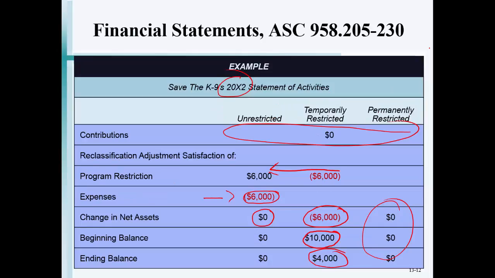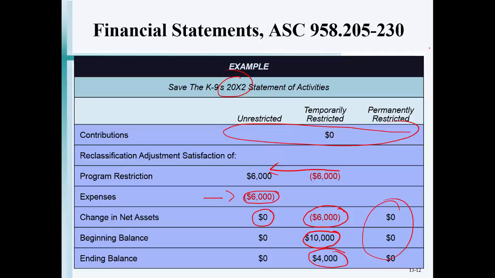Now we go into year two. And when we go into year two, we don't raise any money. So our contributions are zero. No fundraising has been done in year two. But we go ahead and we spend $6,000 the way Megan told us to, which is what? On this Fluffy program. So when we spend that money, we first have to show a what? Program restriction reclassification adjustment, satisfaction of program restriction.